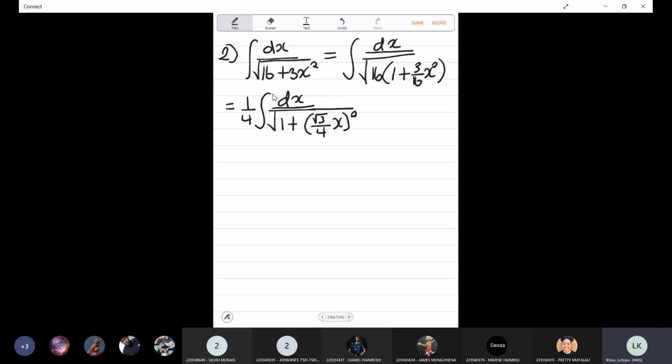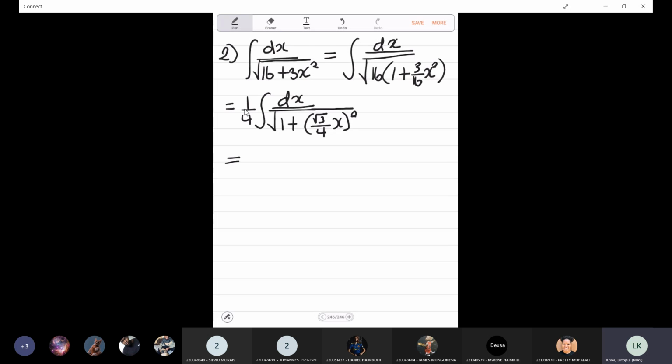in the numerator, we need to have the derivative of this thing that we have in brackets. The derivative of the square root of 3 over 4 x is just square root of 3 over 4. So I need to put a square root of 3 over 4 here, and then some other number here, so that when I multiply the number I put outside and the square root of 3 over 4 there, I still end up with 1 over 4.